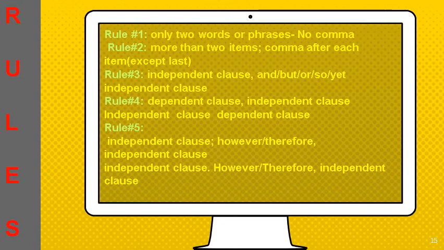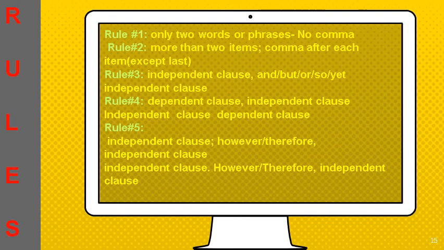Rule number 3 says that when you are connecting two independent clauses with a conjunction, then you are going to add a comma after the first independent clause. Rule number 4 says if you have added a dependent clause first and the independent clause comes next, then you need to add a comma after the dependent clause. Whereas if the independent clause comes first and the dependent clause comes afterwards, then there isn't any need for a comma.